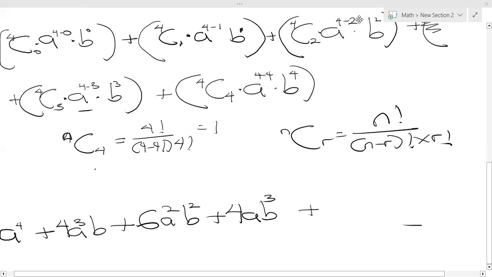So we're left with 4 minus 4, which is 0. So a raised to the power 0 will be 1. Anything raised to the power 0 is 1. So I'm left with b raised to the power 4.